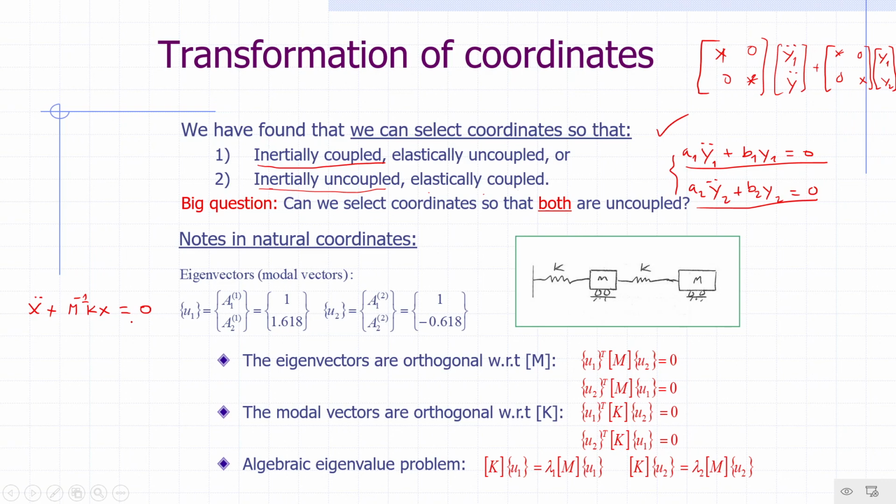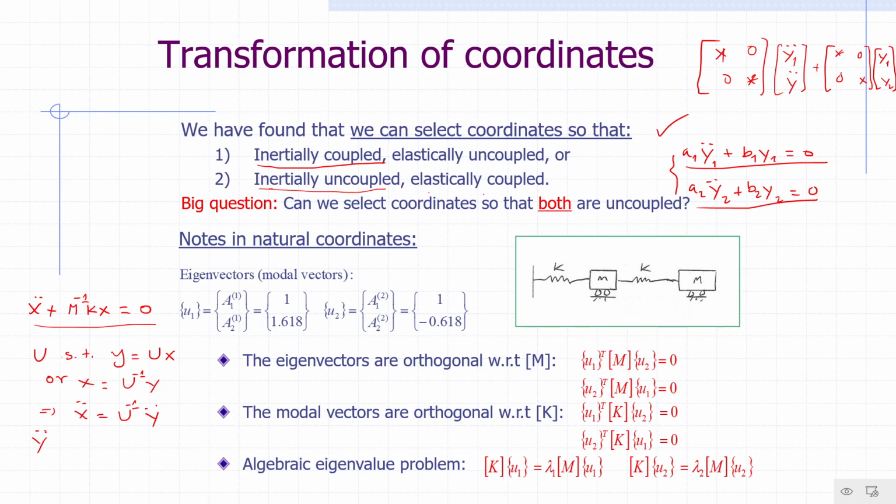So can we choose a matrix U such that y equal to U h, or h is equal to U inverse times y, and h double dot equal to U inverse y double dot?